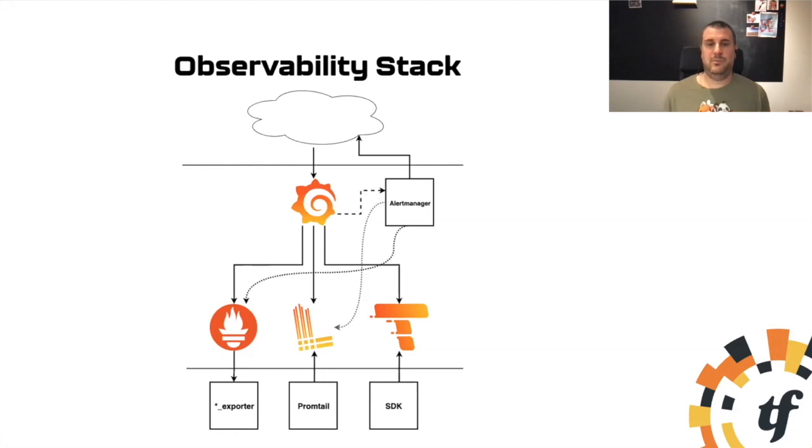We can push logs into Loki by, for instance, Promtail, and most of the time you'll be pushing traces into Tempo using a predefined SDK. We can visualize it all in Grafana, and if we need to act on something we are observing, we can use Prometheus's Alertmanager to send alerts back to the users.